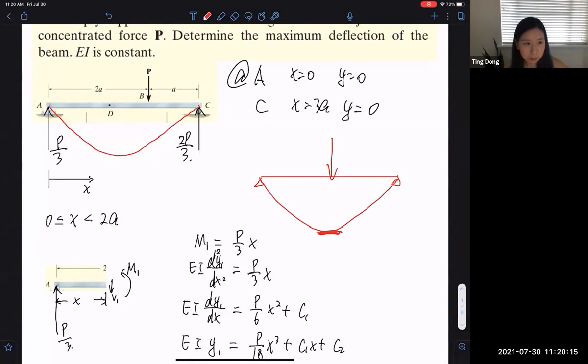But for this one, we know that the slope is 0 somewhere between the middle point and B. I didn't draw it in the exact way because I don't know how to do that. But we know that the slope at point B, where P is applied, is not 0. So what are the extra two boundary conditions we can use?